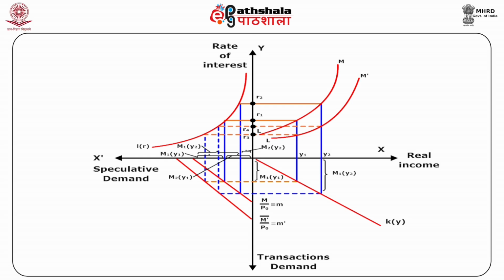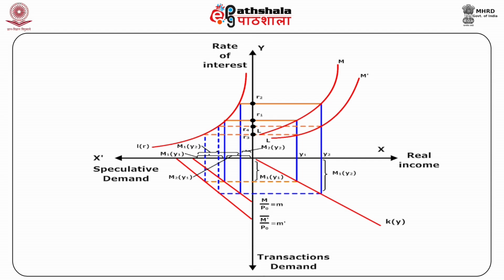Now this M2 must correspond to a particular level of speculative demand which is desirable for a given rate of interest. And which should this rate of interest be? This rate of interest should be the rate of interest at which the product market is in equilibrium. That means that the level of income should be Y1.